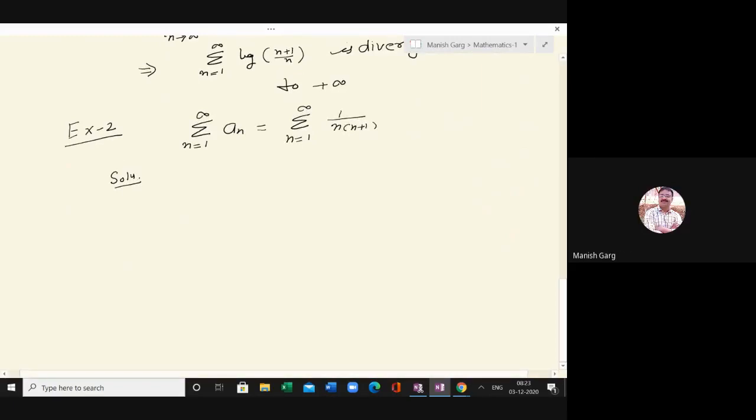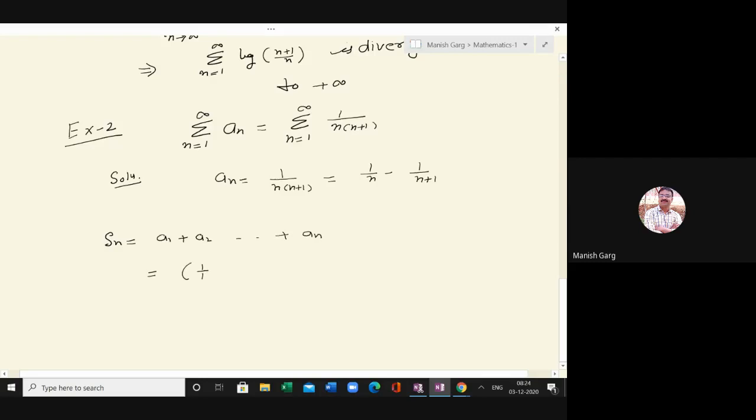Okay. So here An is equal to 1 upon n plus 1. You can write, if you do by partial sum, you can do by another method also. I am writing this because you can visualize easily. So my main aim is to first find the Sn. This is A1, A2 plus An.